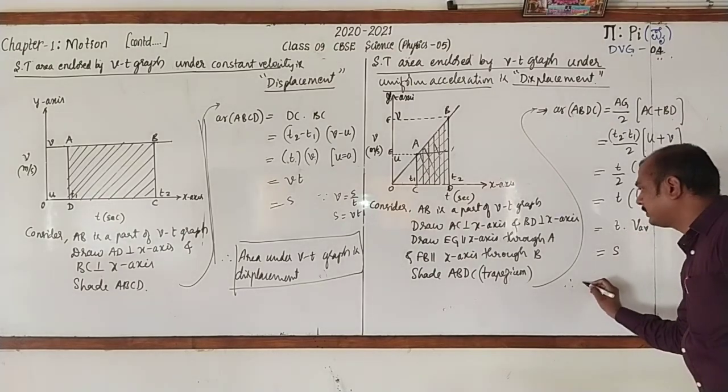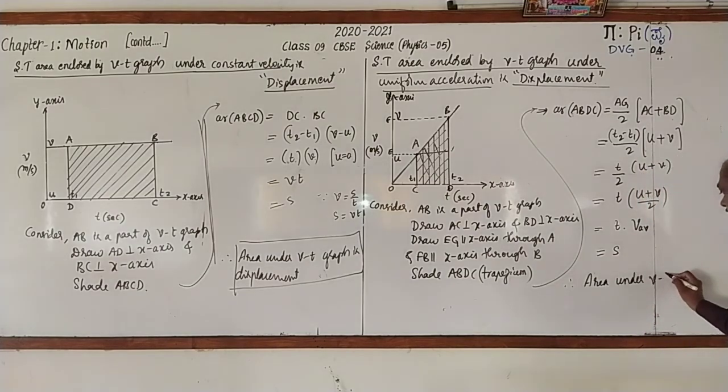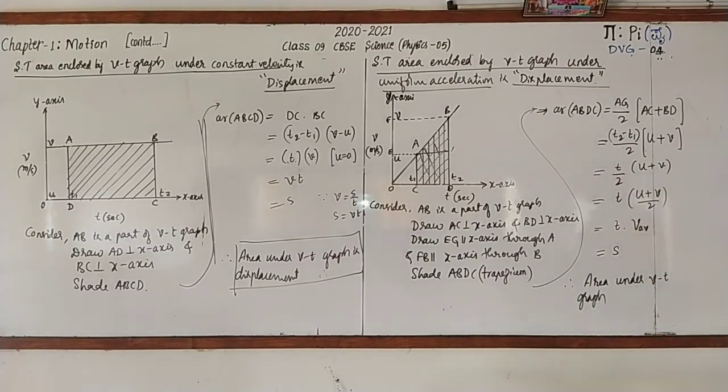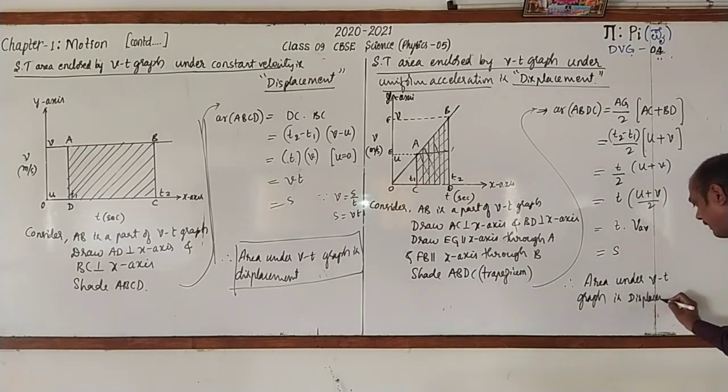Therefore, the conclusion can be written as: area under the VT graph of uniform acceleration is displacement.